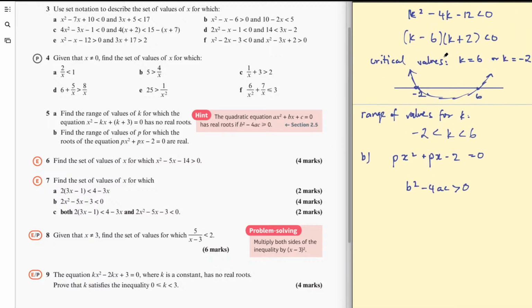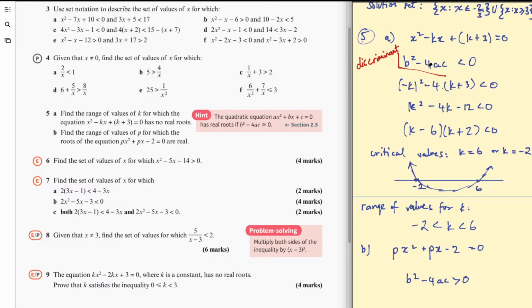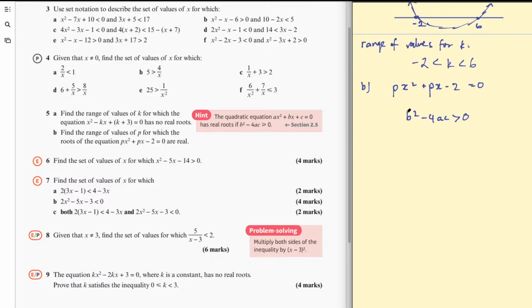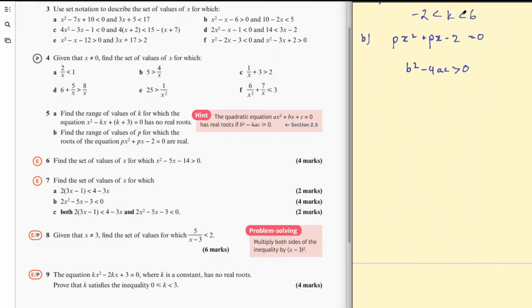Okay, just to compare, this was when it had no solutions. This is when it has 2 real solutions, greater than 0. So here b is p, so we'll have p squared take 4 times p times negative 2 greater than 0.